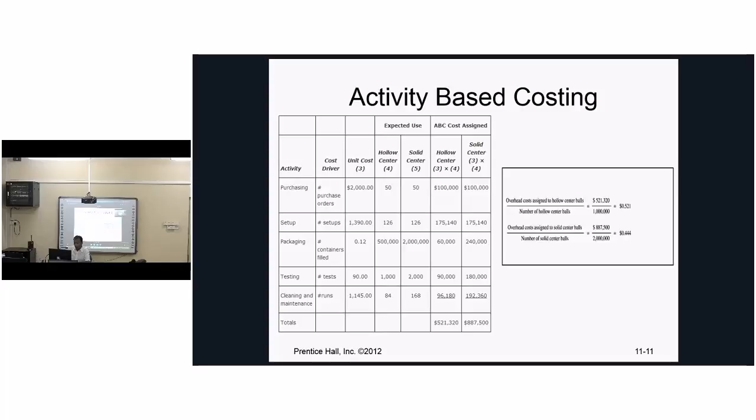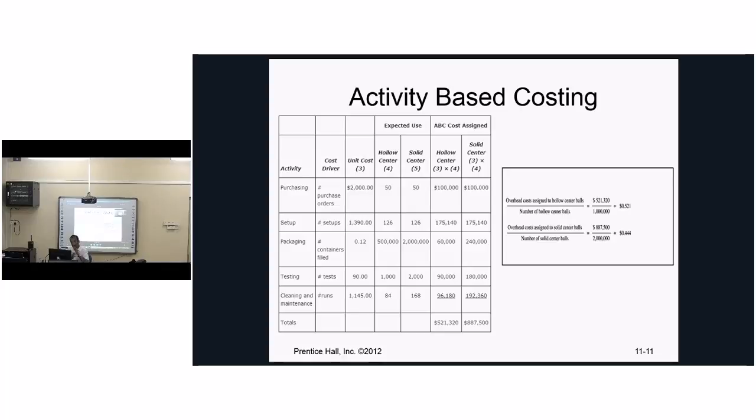And you will now see cost per hollow center ball is $0.521, 521 divided by 1 million, whereas cost per solid center ball is, yes, 0.044. This is if you do the calculation by activity-based costing.